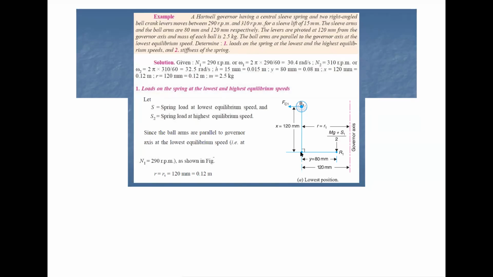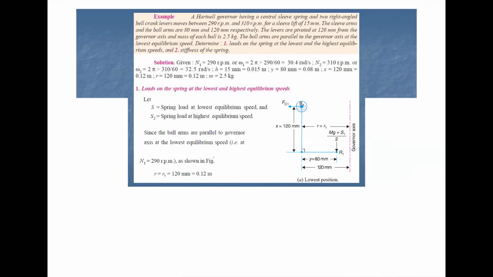Now, what forces are acting is represented with a simple vector diagram. They have not drawn the total vector diagram, only a simple one. As already stated, our bell crank lever is arranged at a right angle, as two right-angled levers.